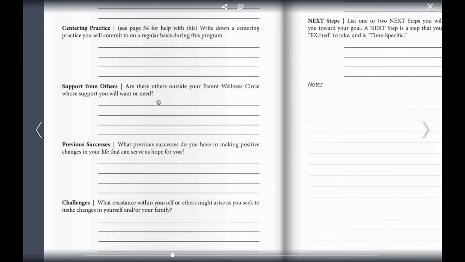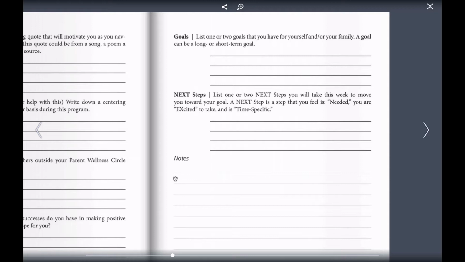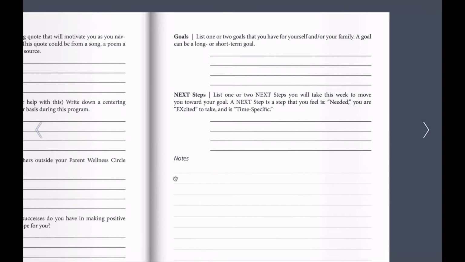Previous successes, challenges that they may face as they do this. And then they fill in, again, their longer term goal, which is more the wish. "I want our family to be... I want our schedules to be more known to each other, and I want us to plan ahead better, and maybe even have some times where we plan as a family once a week or certainly once a month," whatever it is for them.